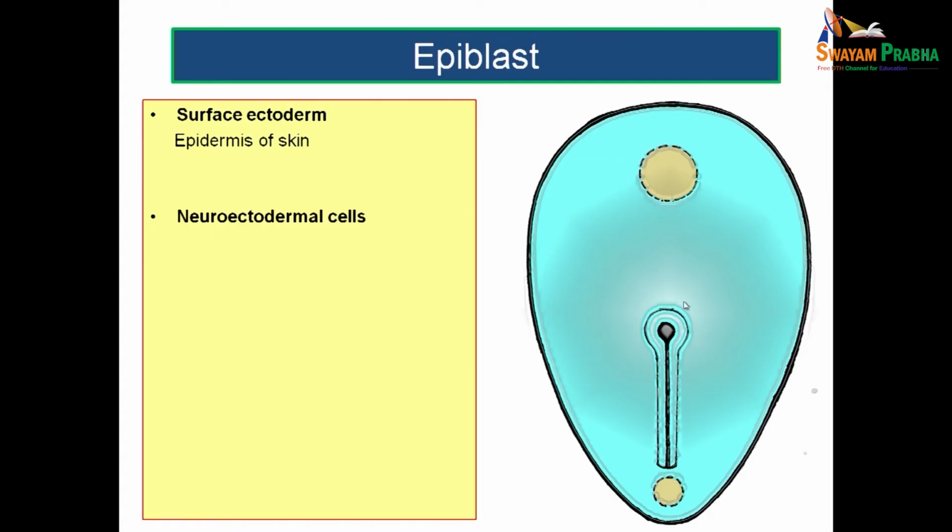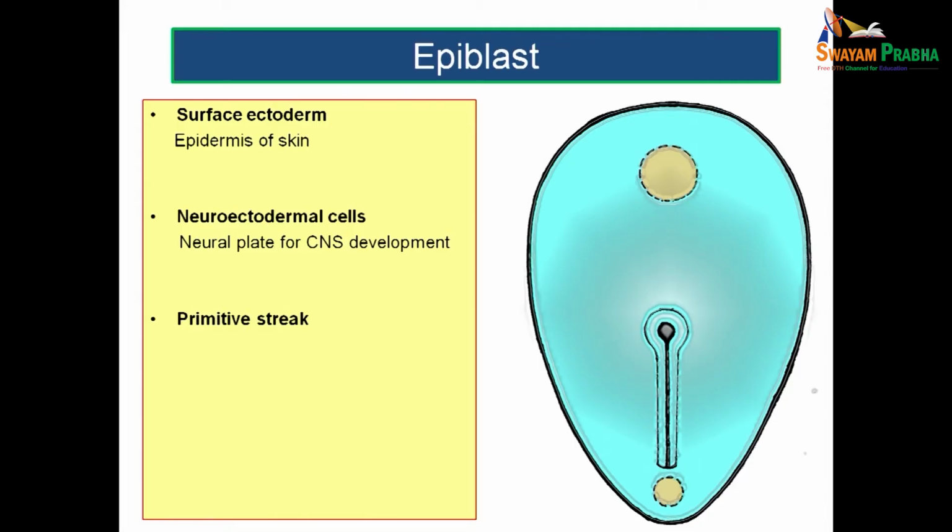And towards the midline, the same epiblast gets modified as neuroectodermal cells. Neuroectodermal cells give rise to the neural plate, which is responsible for the central nervous system development. These are the major events happening over the epiblast.